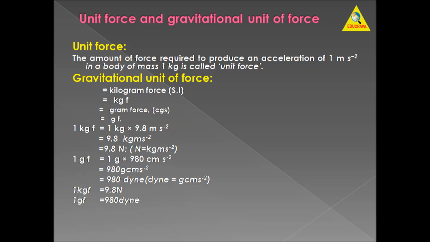Hence 1 gf is equal to 980 dyne. Finally we have arrived at the values of 1 kgf and 1 gf. This is an important one, so you have to concentrate on this and learn this.